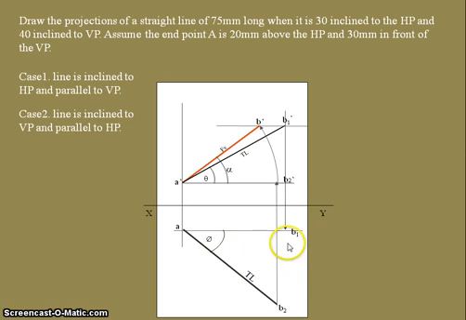Otherwise we can directly locate the endpoint B by drawing a vertical line from B dash. Why? When it is inclined to both planes, after drawing the projections or after rotating the horizontal plane, B dash and B point, that is the final top view point, will lie on the same straight line. Like that also we can draw.